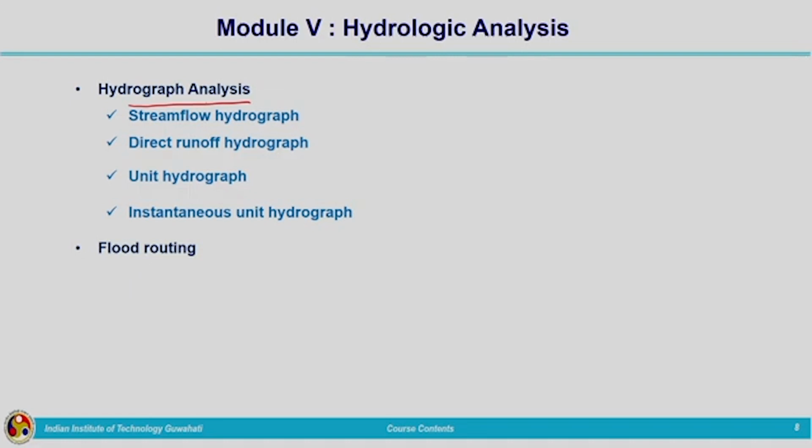Flood routing means the flow taking place in the river from the upper zone to the downward direction. When the flow travels from the upstream to the downstream of a river, so many changes take place.